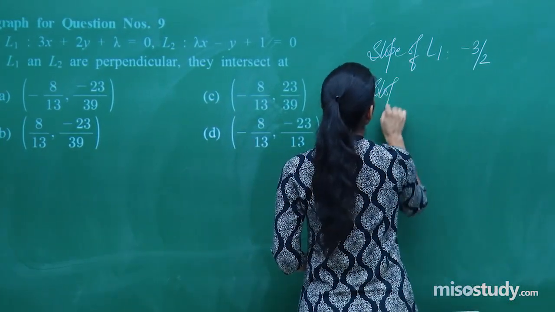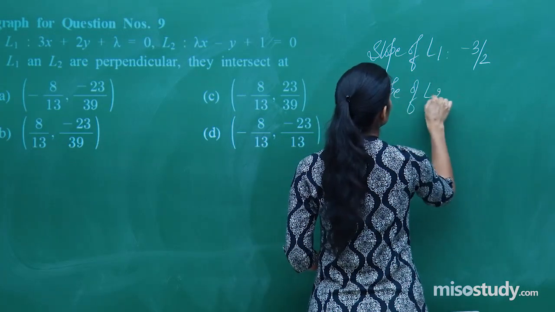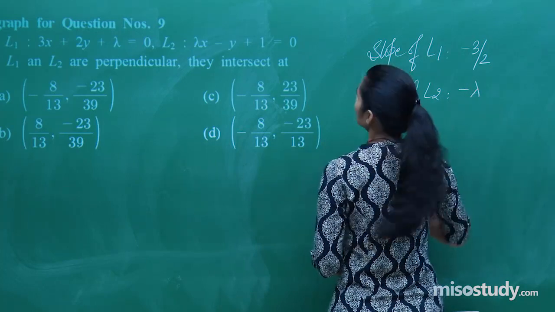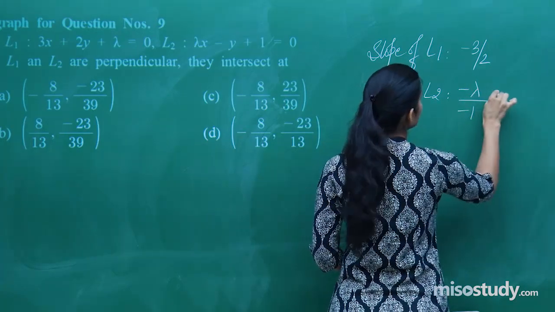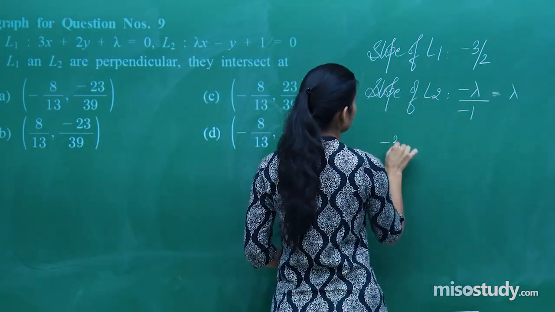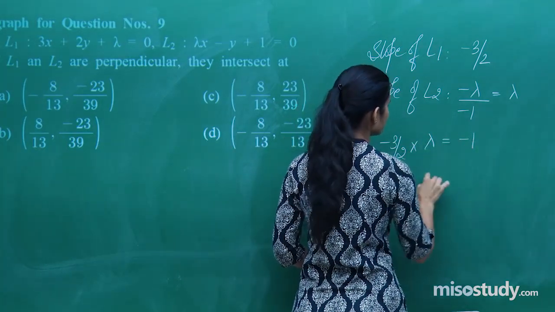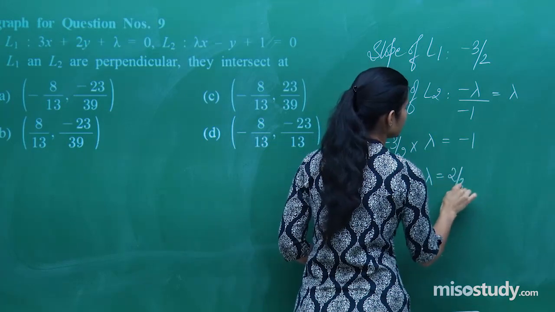What is slope of L2? Slope of L2 is minus coefficient of x upon coefficient of y, which is lambda. Now they are perpendicular means minus 3 by 2 into lambda is minus 1, lambda is 2 by 3.